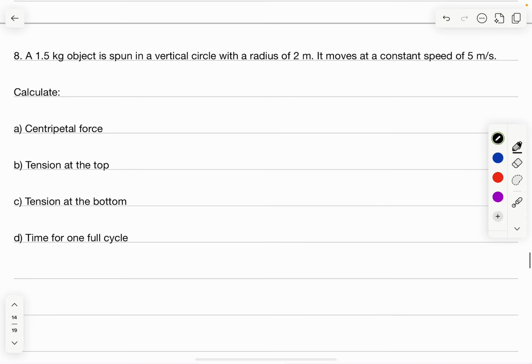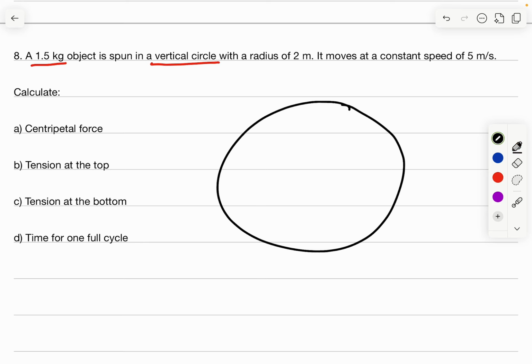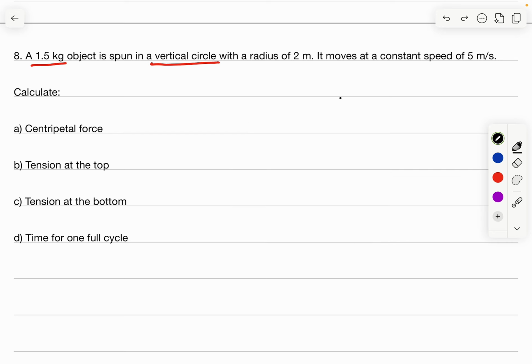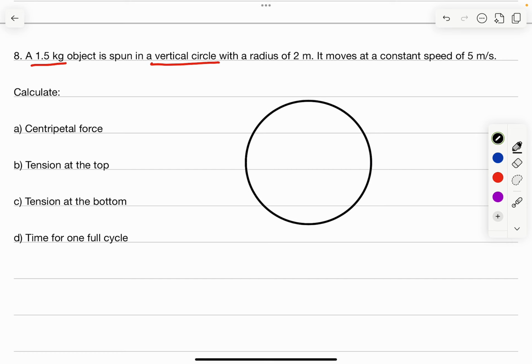Let's move. Number 8, we are done. Number 9 now. A 1.5 kilogram object spun in a vertical circle. Key point. With a radius of 2 meters.